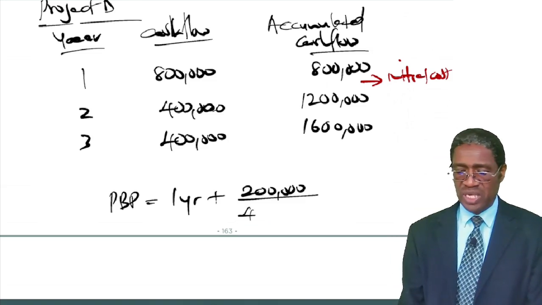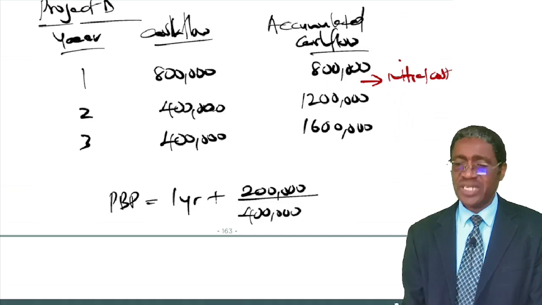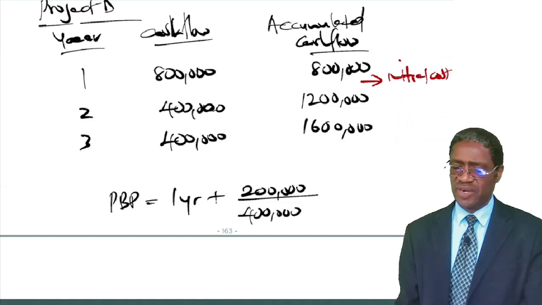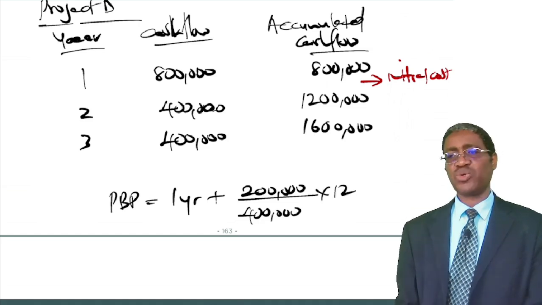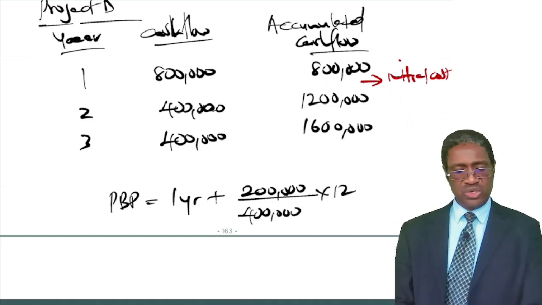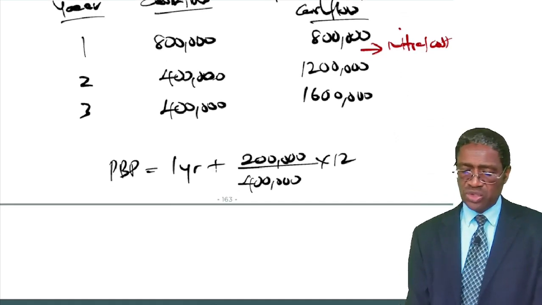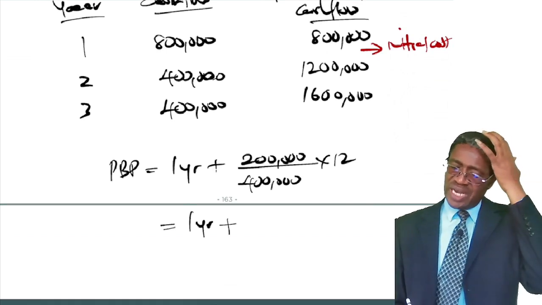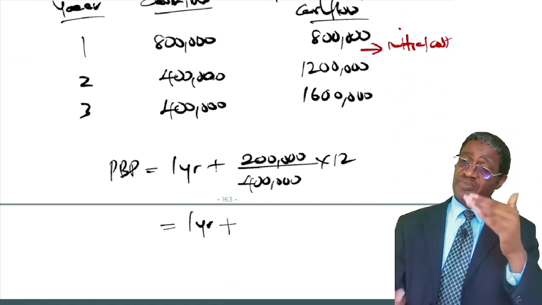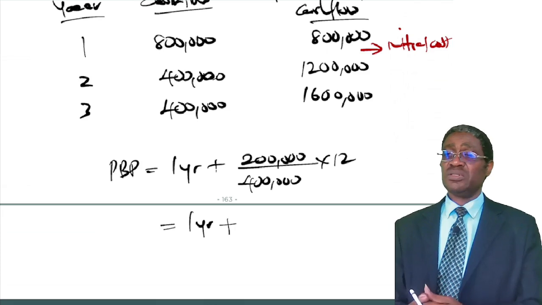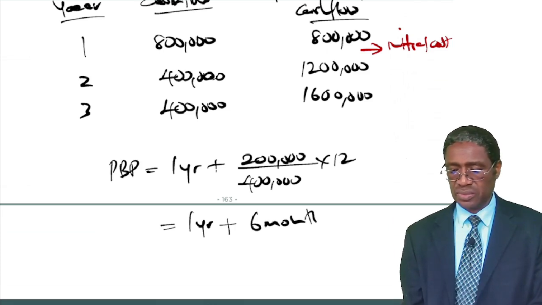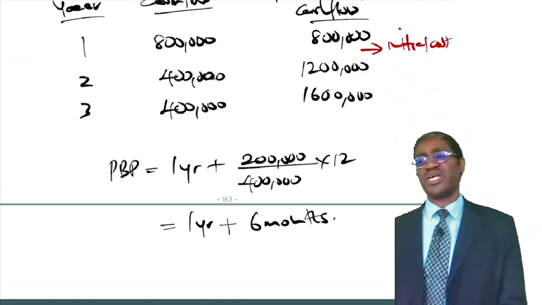So I'm arguing by saying, if 400 takes me 12 months to recover, how many months will it take me to recover 200? So I multiply that by 12. That's what we are trying to do. So this will be 1 year plus, and it looks like exactly half. It's 200 divided by 400, that's a half. That comes to 6 months. Now we can do the ranking.